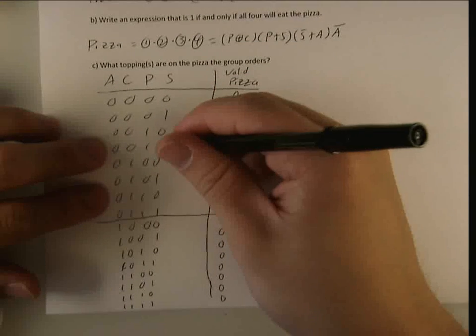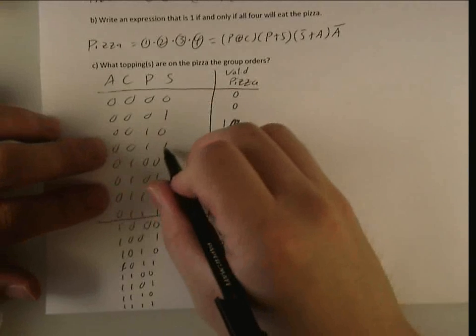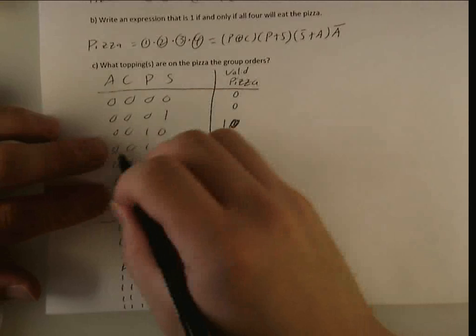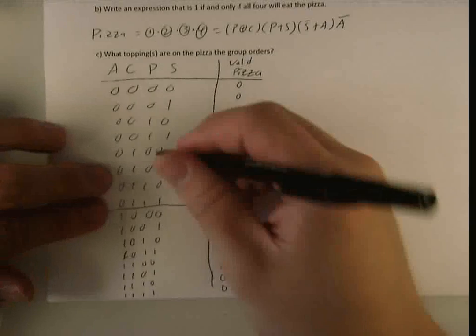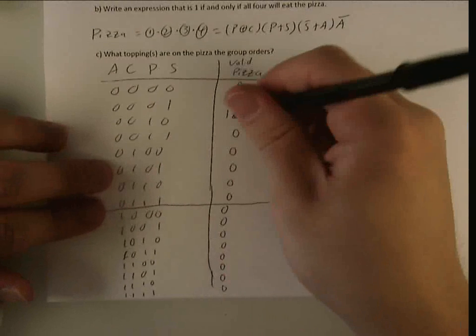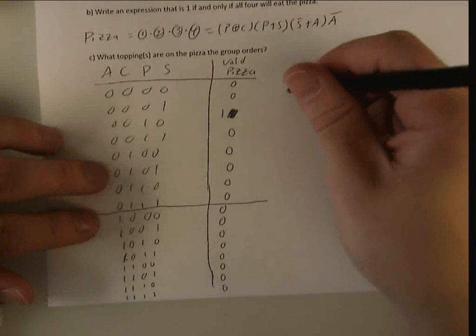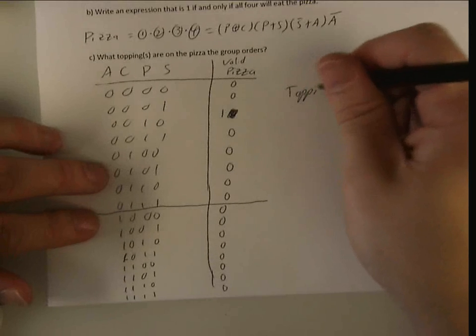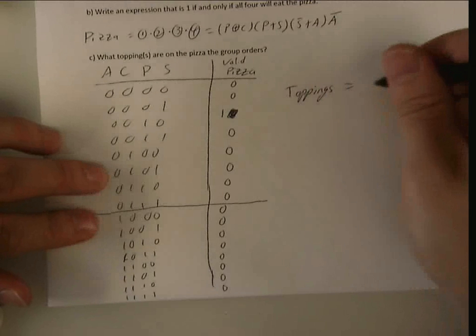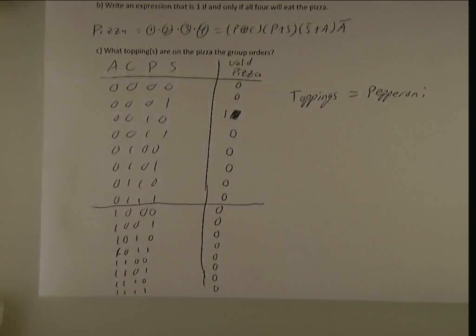And then this has S, and so this would be S complement, which is 0, and A, which is 0, so 0 or 0 is 0. And then we have, same thing here, S bar is 0, or A is 0, so 0. So the toppings are just pepperoni. And that is all we need to do for this problem.